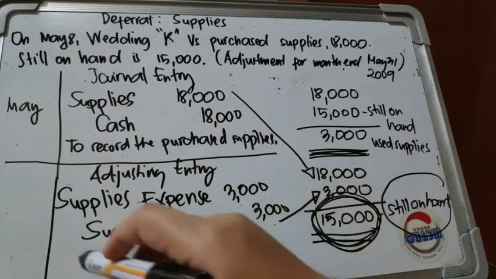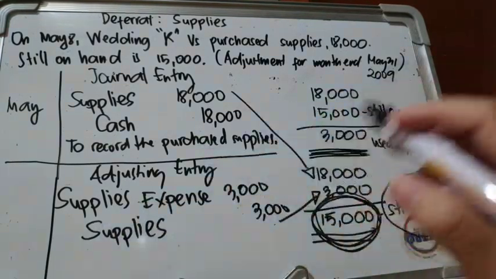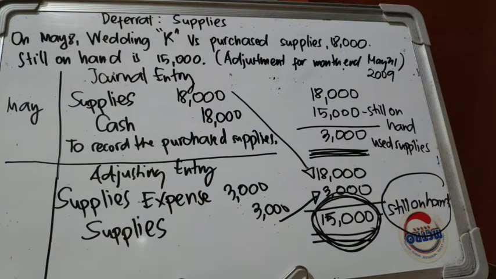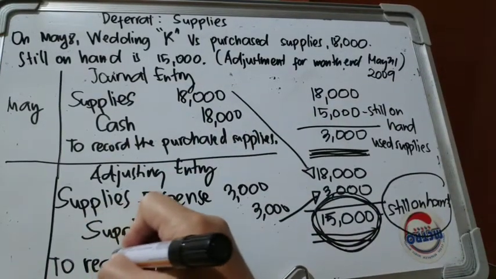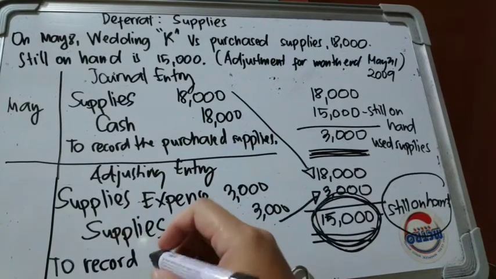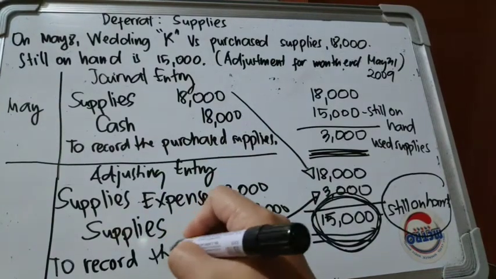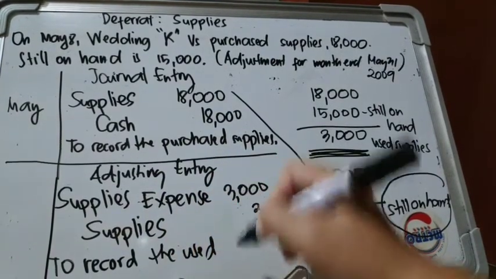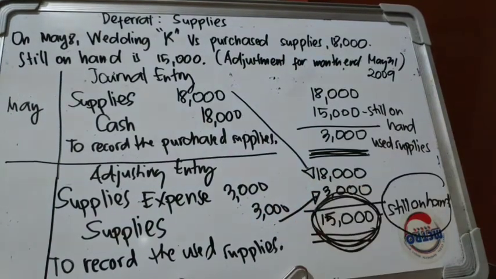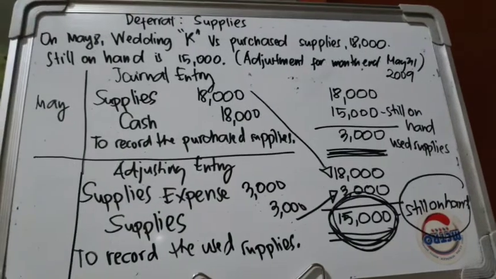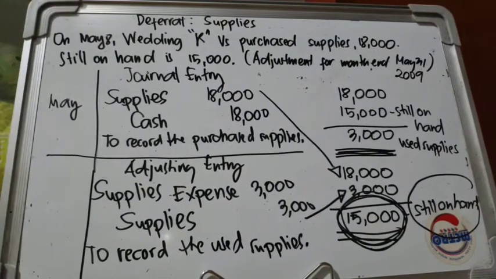Okay? Kasi ang ilalagay mo naman talaga sa adjusting entry is the used or the expired portion. And then, you will write your explanation to record the used supplies. Okay, so that is the adjusting entry for the deferral supplies.